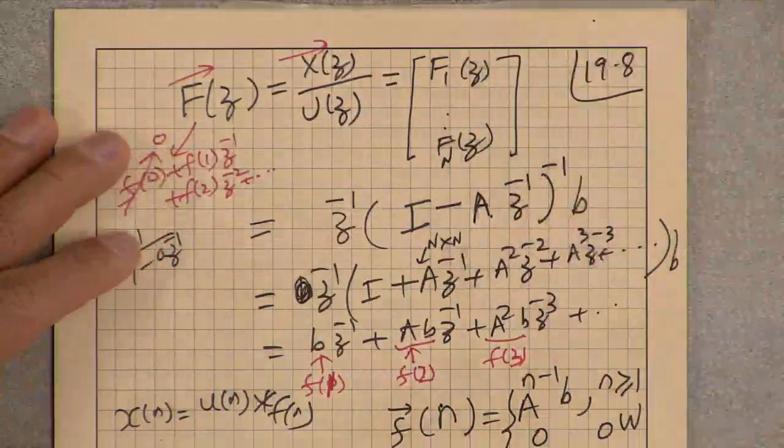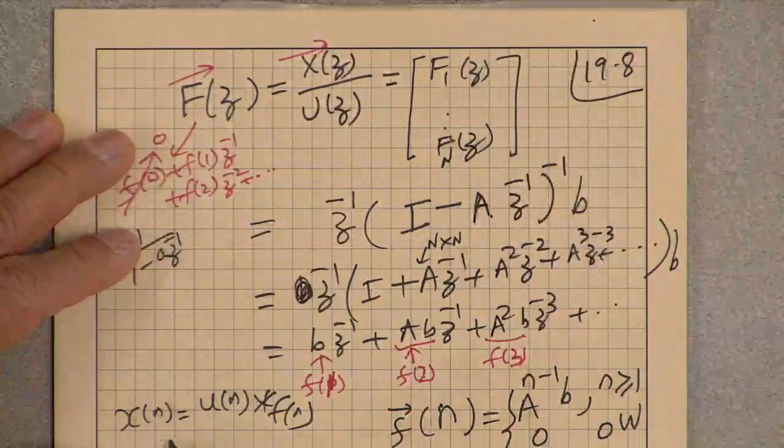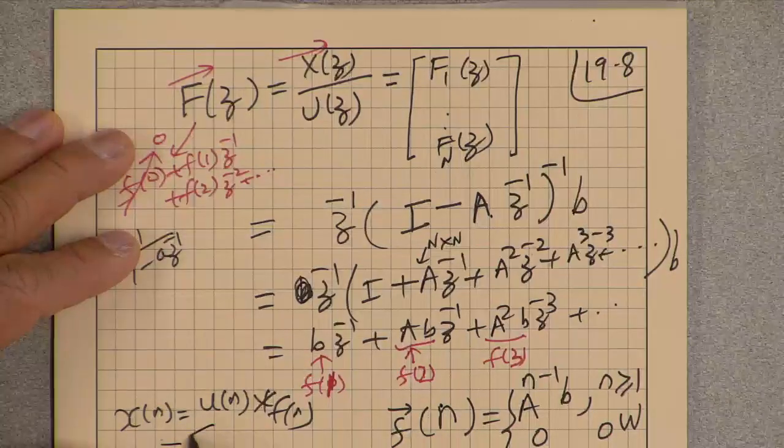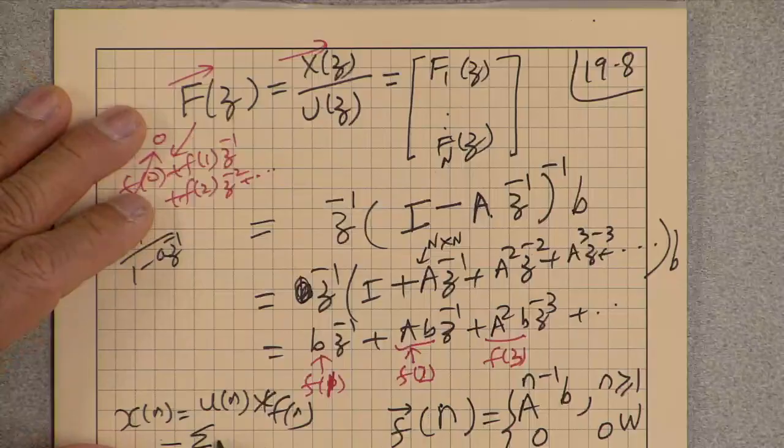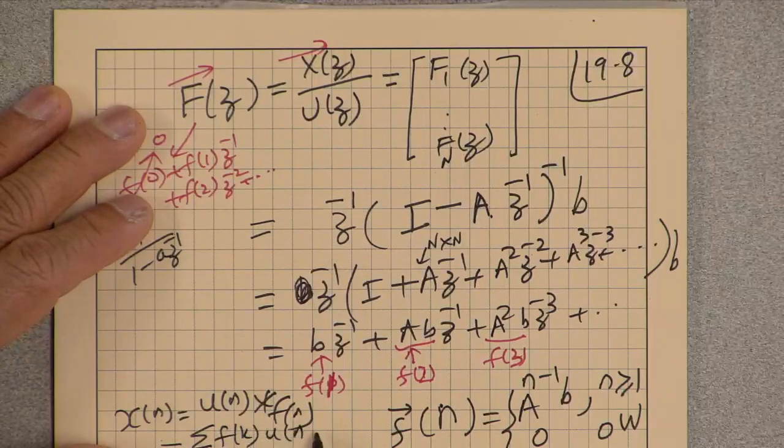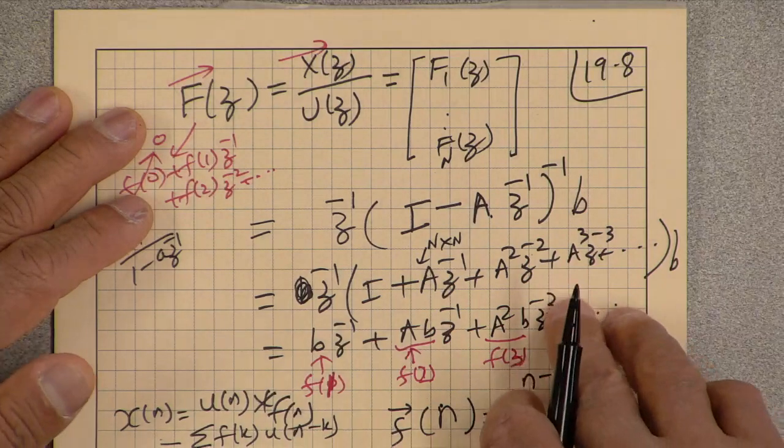So then this can be written as the sum over all k of f_k u_{n-k}, and we substitute n equal to k.